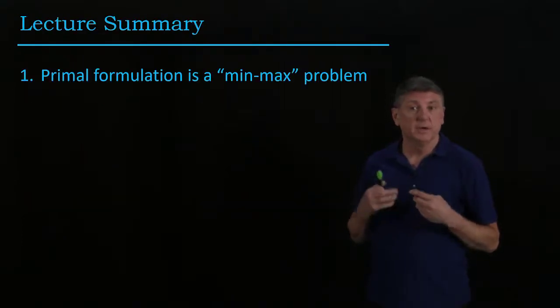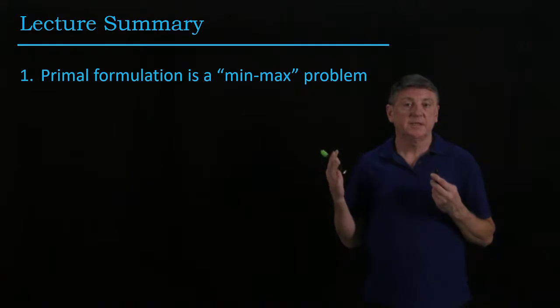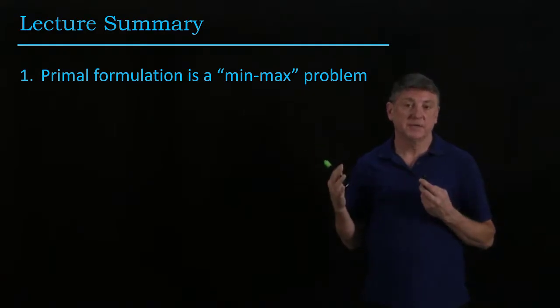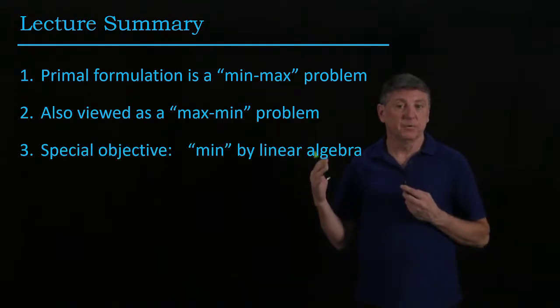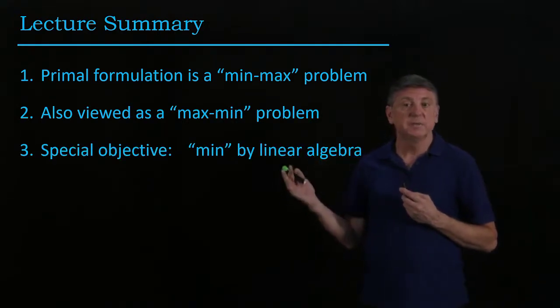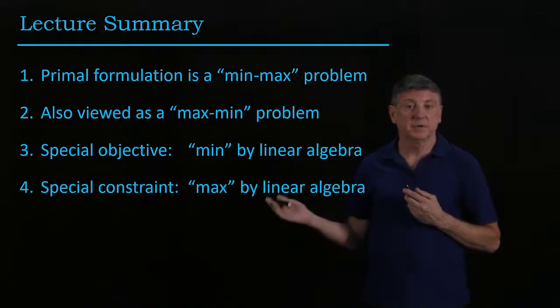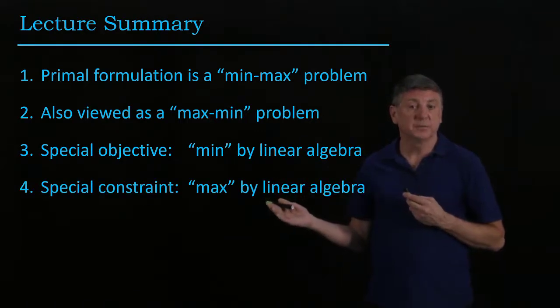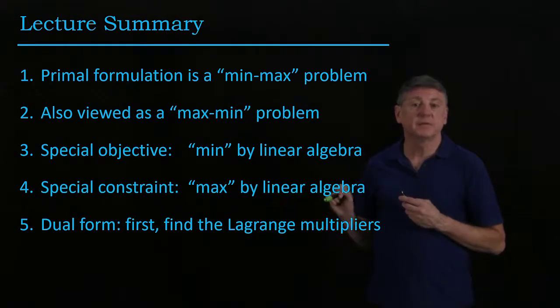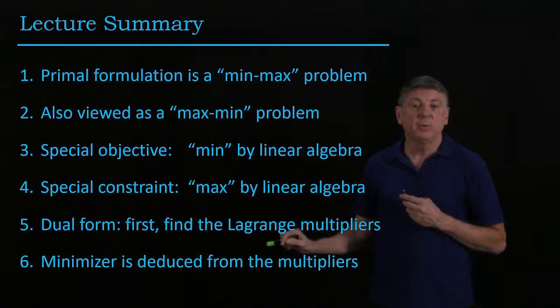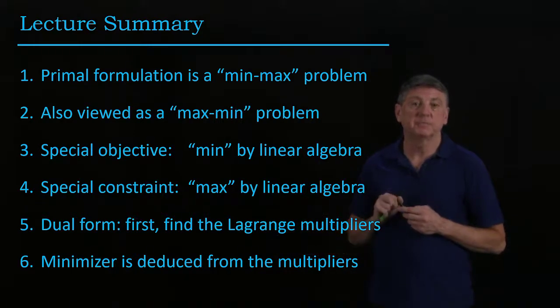So in summary, the primal formulation is a min followed by a maximization, and the dual is a max followed by a minimization. Here the minimization was done using linear algebra, and then the maximum, because it was quadratic, was also found using linear algebra. In this dual form, first we find the Lagrange multipliers, and then we deduce the vector minimizer from those Lagrange multipliers.